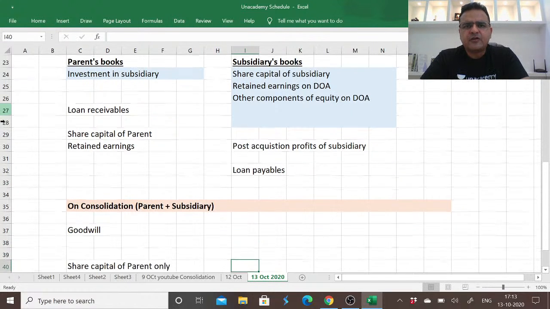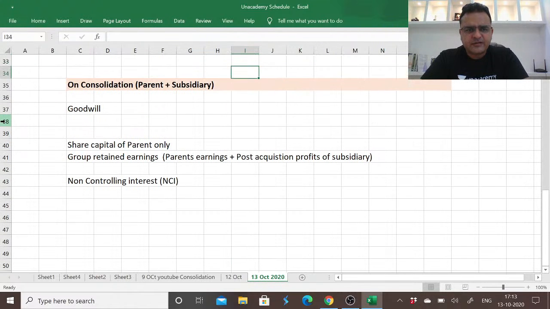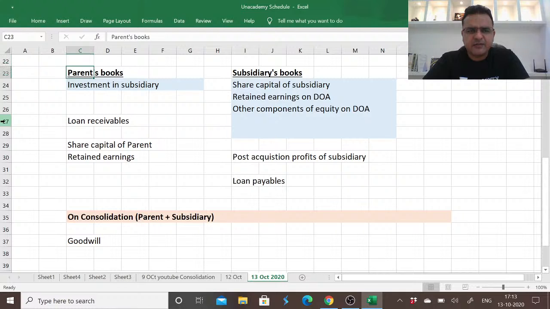So any intra-group loan on consolidation, whichever is higher, if they are of the same amount, gets eliminated from both sides.